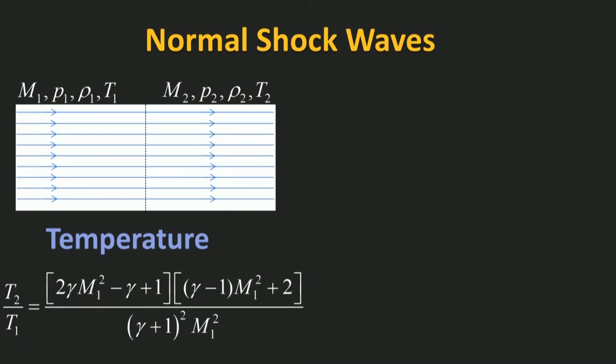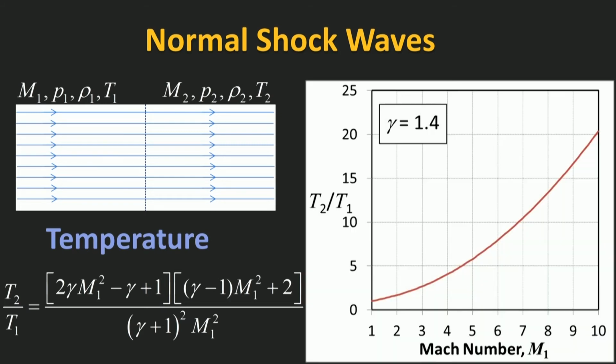So how about the change in temperature ratio across a normal shock wave? This is the expression we obtain for the temperature ratio. This one is starting to look a little complicated. But again, the ratio just depends on the Mach number upstream of the shock wave and the ratio of specific heats. When we plot this, we see that the ratio starts from 1 at Mach 1.